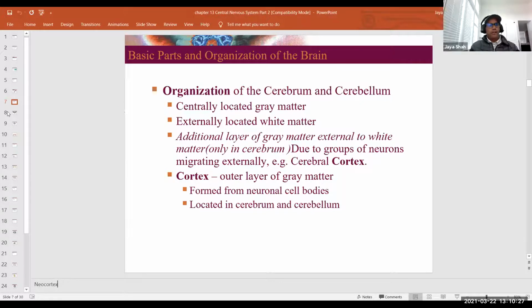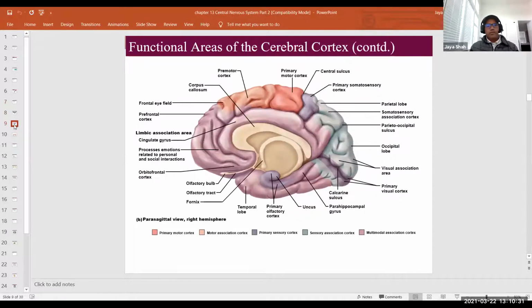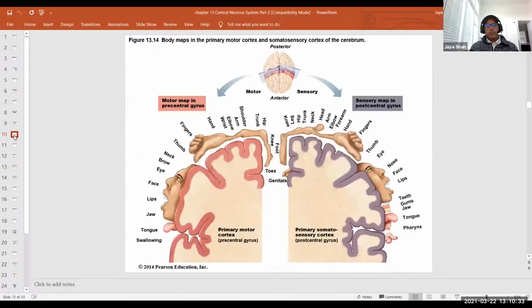So let's see here. Let me go here so you can see. I will come back, but I want to show you. This is a frontal section. You see the brain? This is the posterior part of the brain, and this is the anterior. So this is the frontal lobe, occipital lobe, parietal lobe here.